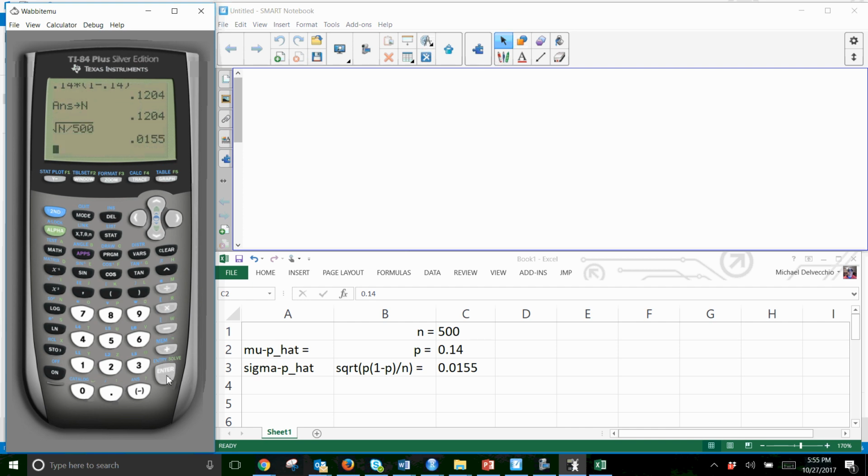This one should work a lot better, it's easier to read anyway. So you can store it as a numerator, assign a letter to it, and then reuse that. See, at any point in time I hit alpha N, it shows me 0.1204.